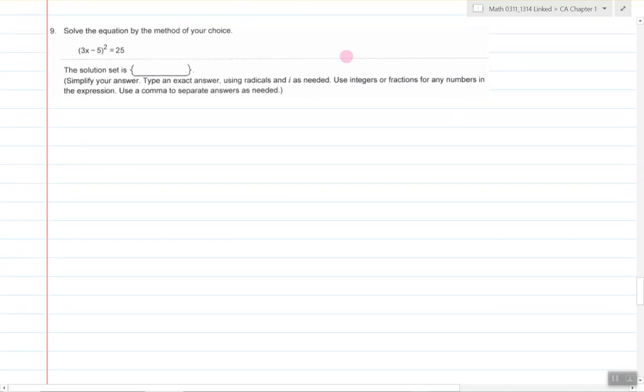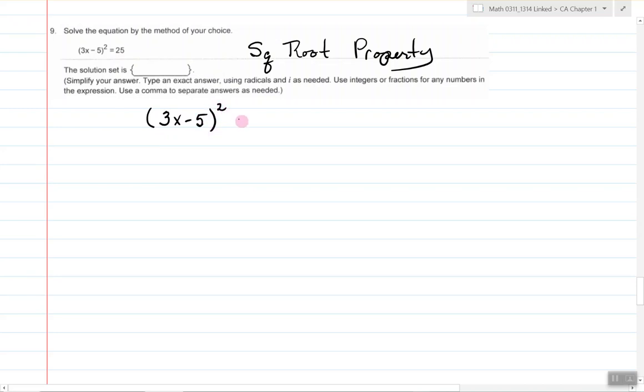When I look at number 9, I immediately see square root property because I see a quantity squared equal to a constant. So I have open parentheses 3x minus 5, closed, squared, equals 25.